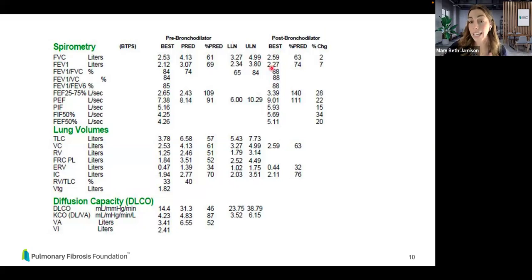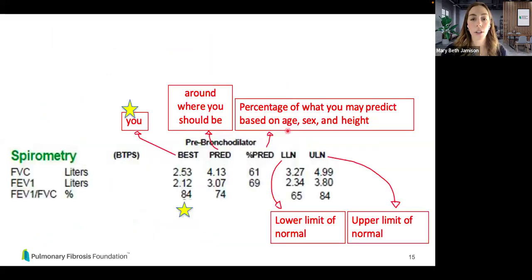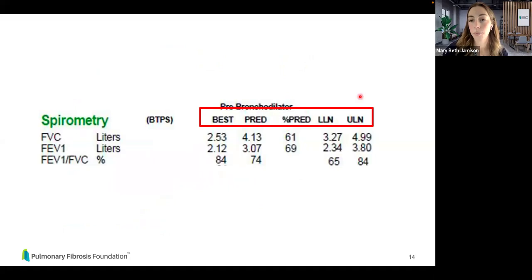We don't get them every time. Sometimes we'll just see if there's a response to it and then we don't get it anymore. So you can do that, but sometimes you can just take away that post bronchodilator section. And then, yeah, this section here. So kind of going over that a little bit more. Let's see.